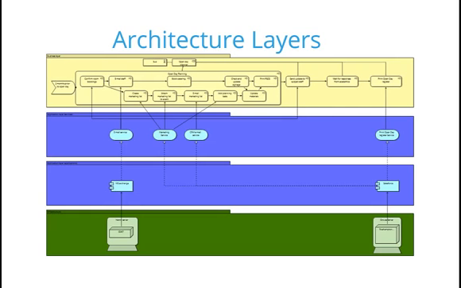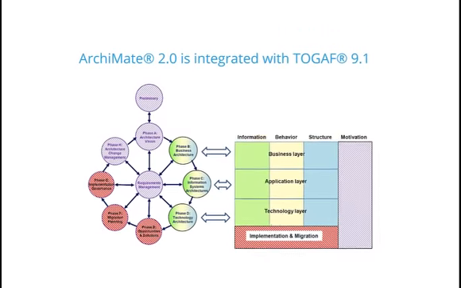We can work completely in one of those layers to define a complete business architecture. And at the end of the workday, we have established all of the relationships, the integration and touch points between business, application, technology, and infrastructure. So there is an integrated approach to creating architecture views and capturing knowledge about our architecture.